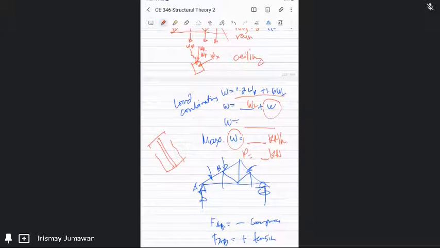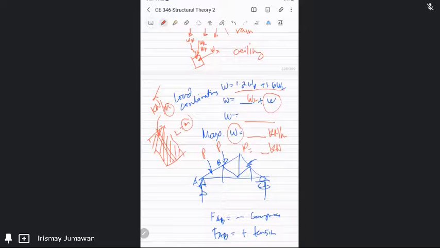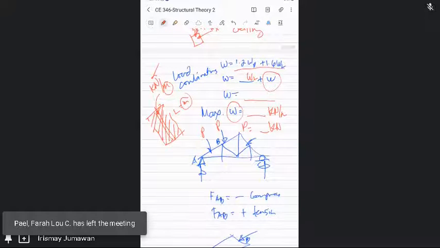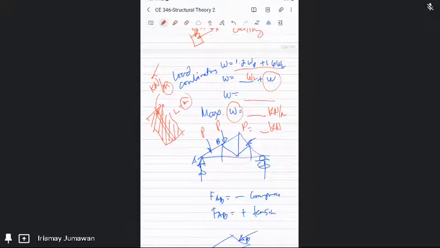Then the length of your purlin is multiplied to get kilonewton. So this is the tributary area of the load, and that is W in kilonewton per meter. Multiply it by the length in meters, and you get kilonewton. That becomes P. Then for the forces, negative is compression and positive is tension.